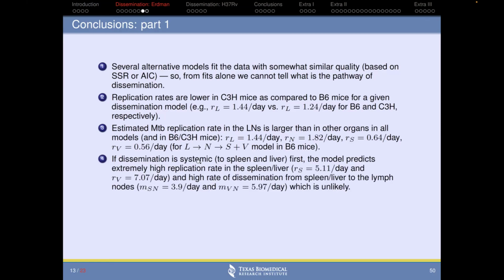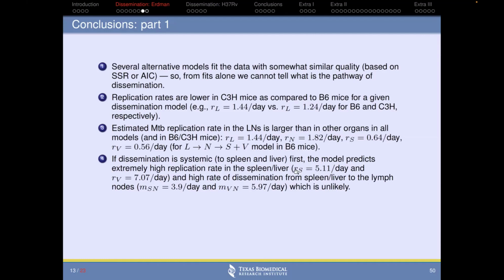We could actually suggest that one of these three models, which was called the alternative dissemination model, is probably not physiological, because even though it fitted the data perfectly fine, it required very high rates of dissemination and high rates of bacterial replication in the liver and the spleen to explain the data.